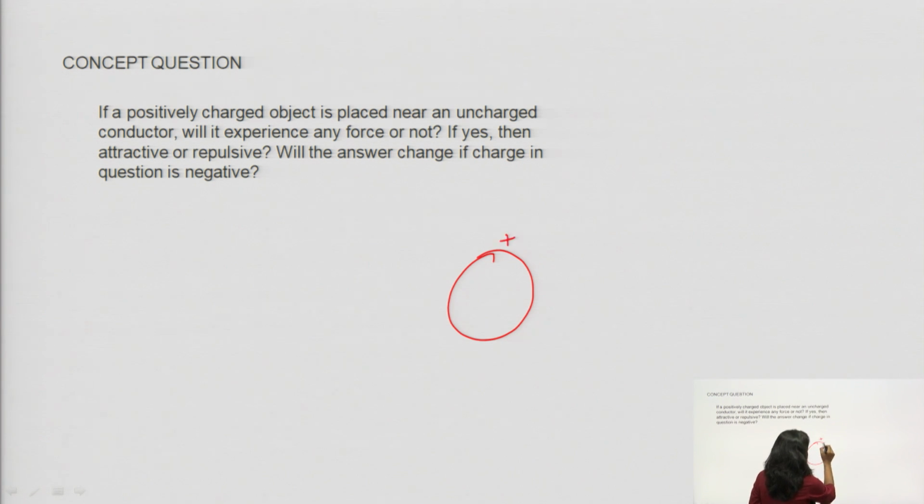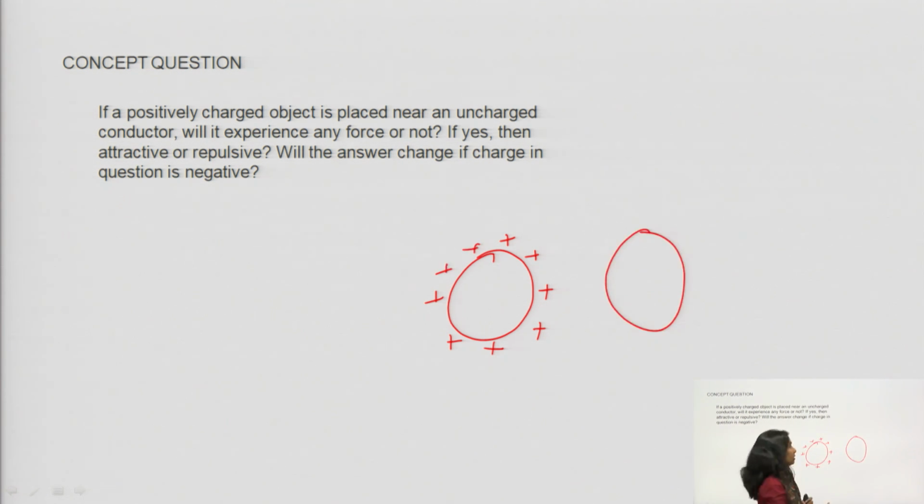Suppose this body is positively charged. If it is placed around some neutral body, then what will happen? It will attract the electrons residing in it, and in this way some attractive force will act between these two bodies.